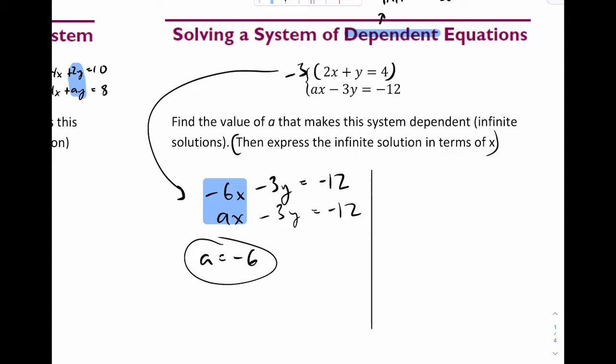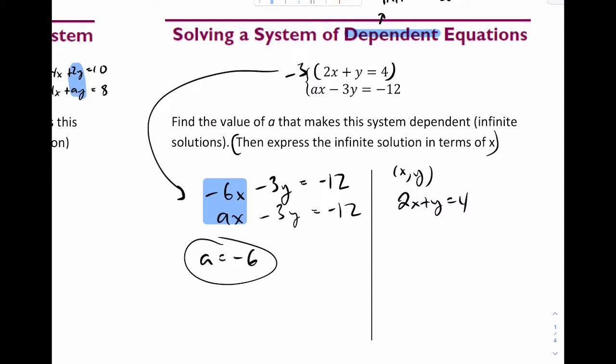Now, the infinite solution part in terms of x, that's where it gets a little more complicated. We understand a solution as x comma y. Now, in terms of x would mean we don't want to have a y in our solution. So what you do is you grab this original equation right here, this 2x plus y equals 4.